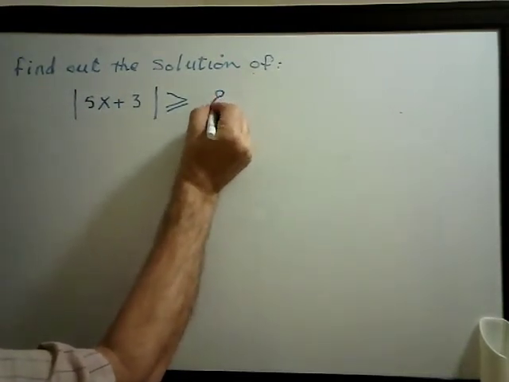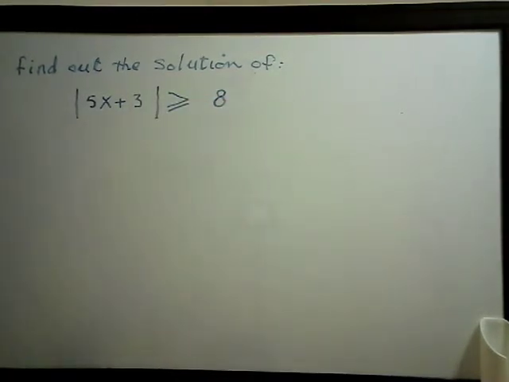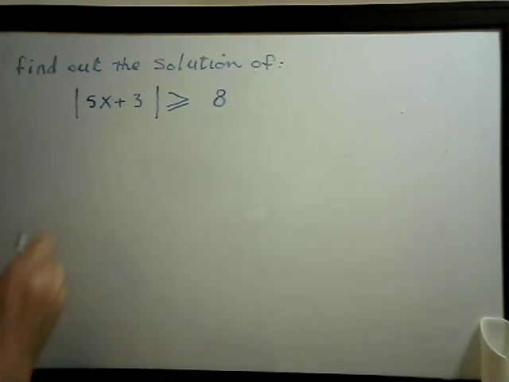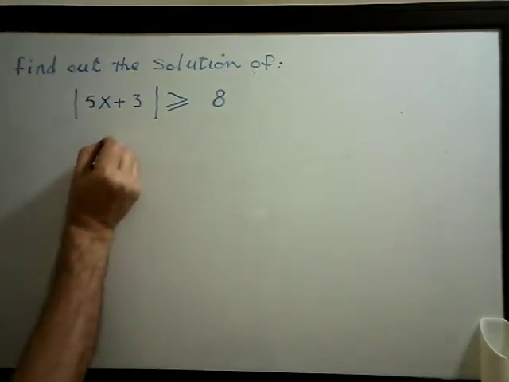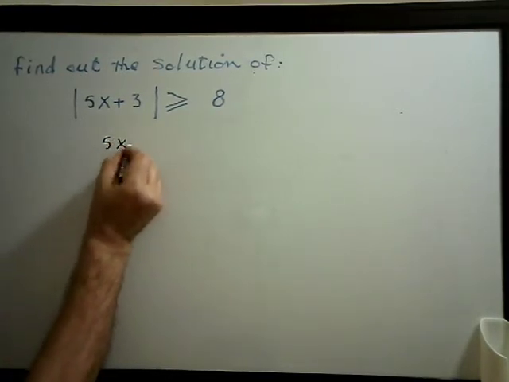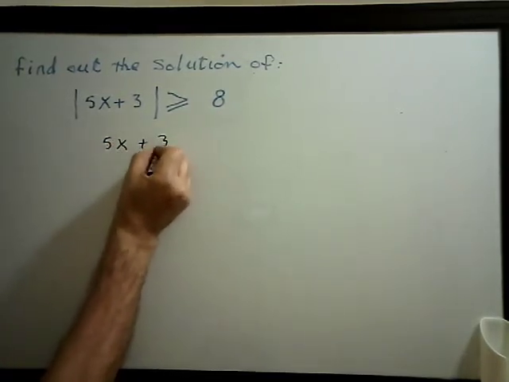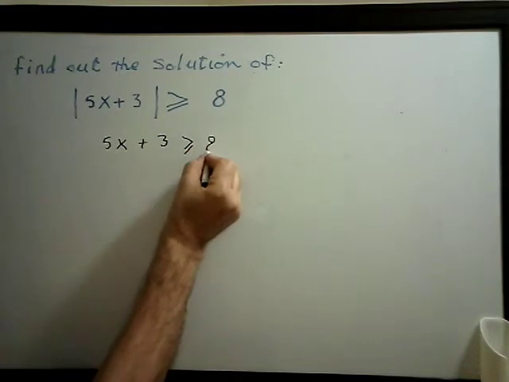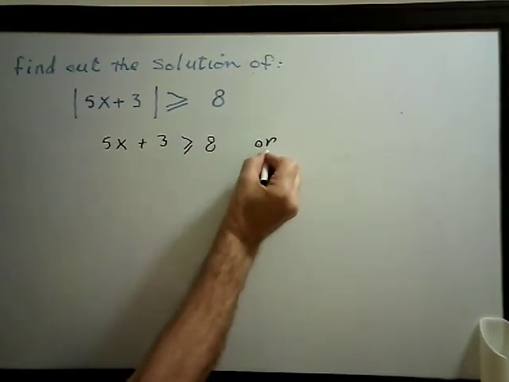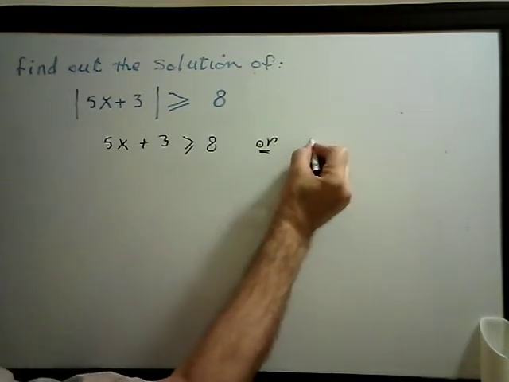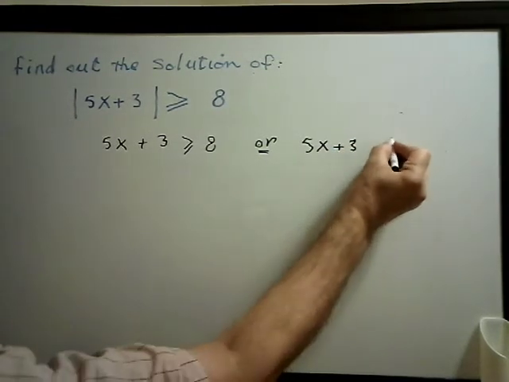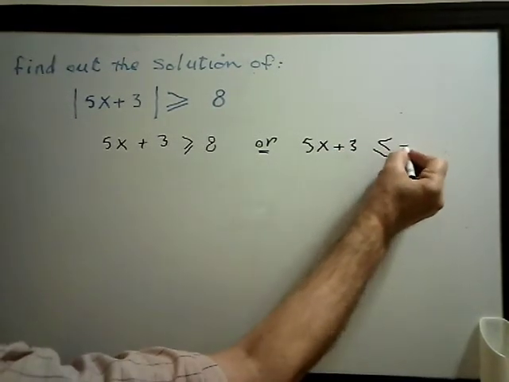So we start by splitting this inequality into two statements. We say 5x plus 3 is greater than or equal to 8, or the second statement, 5x plus 3 is less than or equal to minus 8.